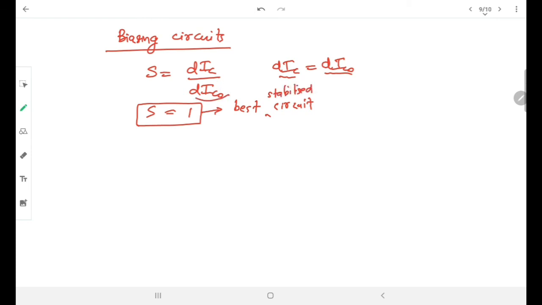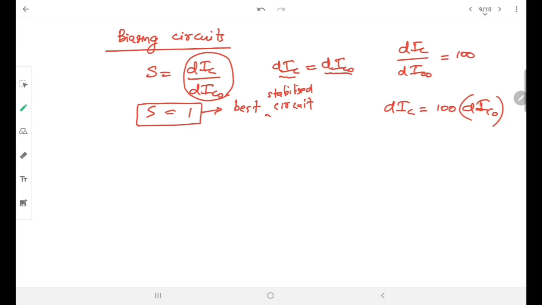So this ratio indicates that, suppose DIC by DICO is equal to 100. So that means DIC is equal to 100 times DICO. It means that any variations occurring in ICO will cause 100 times change in IC.